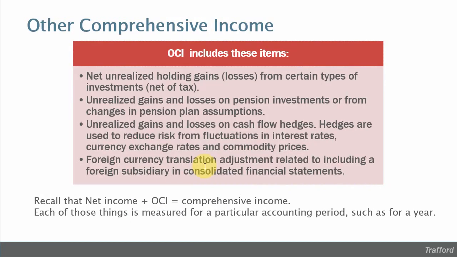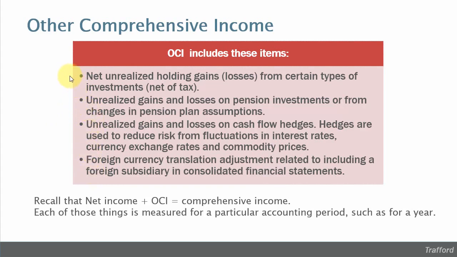Well, let's go ahead and take a look at this list of the four types of gains and losses that are considered to be and qualify as OCI, or other comprehensive income items. You can read through the list here. Certainly the bottom three are way beyond our scope as to anything that we would be talking about or trying to understand in this class, but as you read through the list you can see that basically these are types of gains and losses.